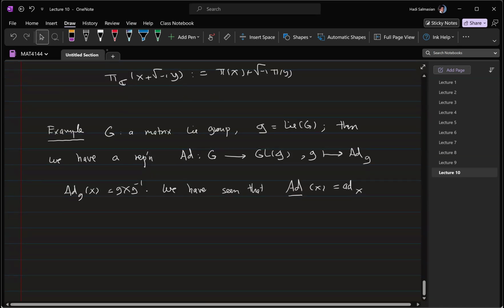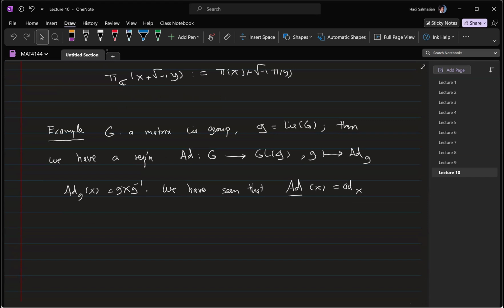Okay, maybe it's a point to stop. So next time, what I would like to do is talk about representations of the Lie group SU(2). This is the simplest sort of non-trivial example.